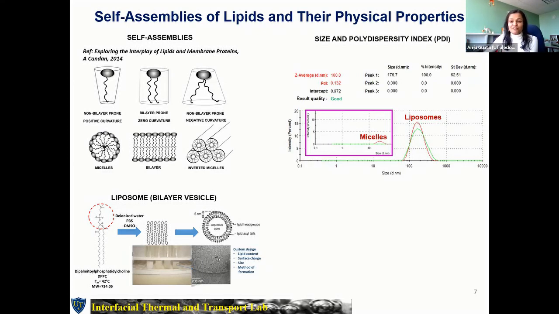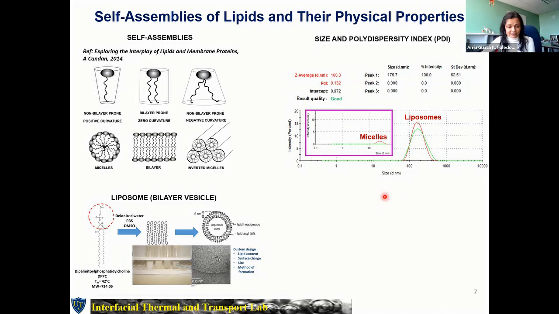This is a raw figure or raw data from NanoZeta that gives you the average diameter of liposomes or colloidal particles, along with the polydispersity index, and it also gives you the quality of result.